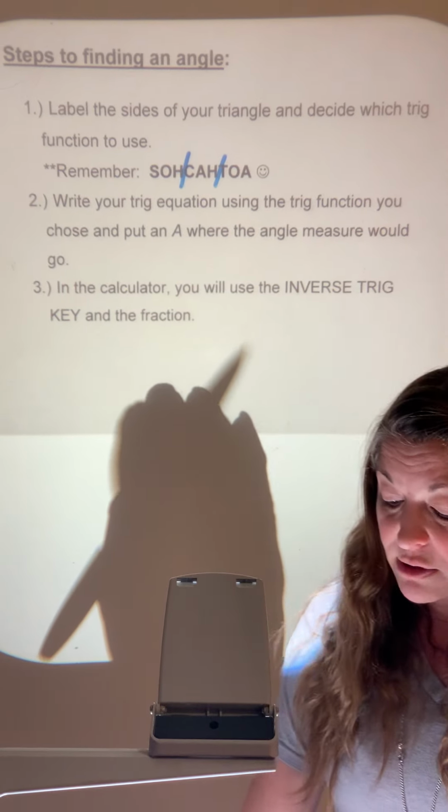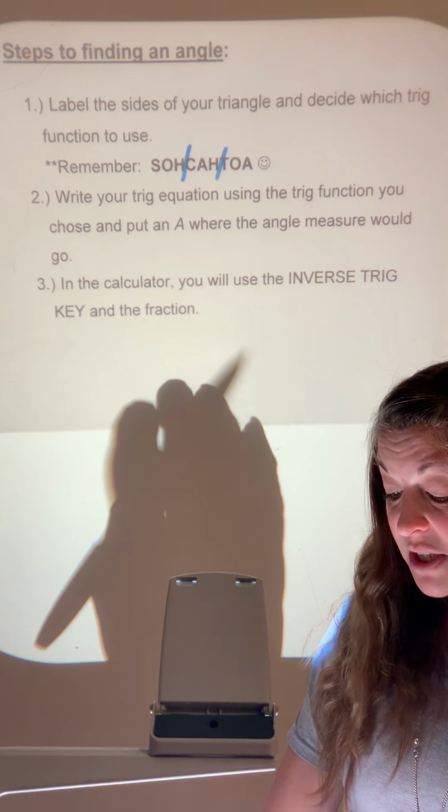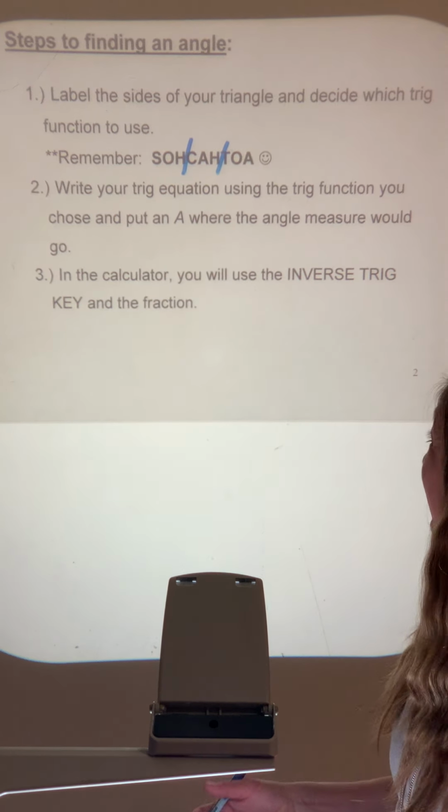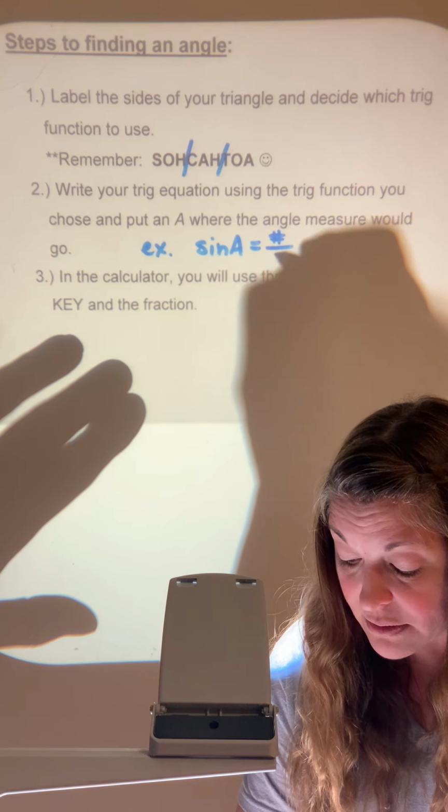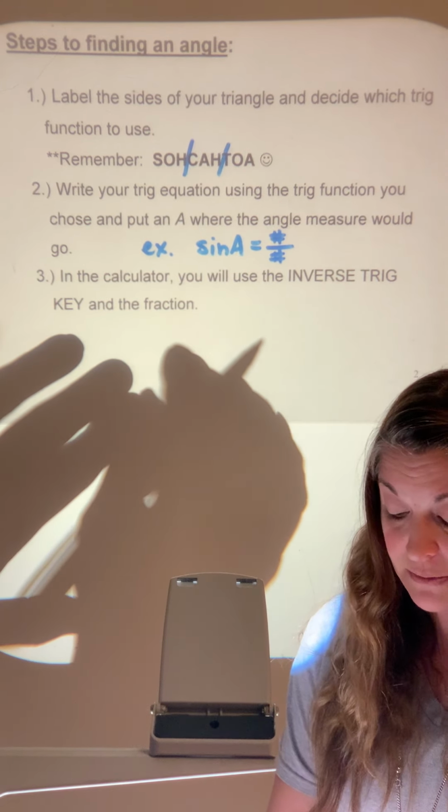You're going to write your trig equation just like you always would, except obviously you're not going to have the angle, so you're literally just going to put an A in for the angle. And then whatever the numbers are that you have in the problem, you'll put it over top. So your equation could look, for example, something like this: sine of A equals some number over some number, okay?